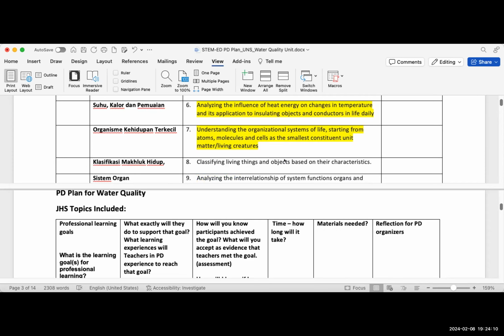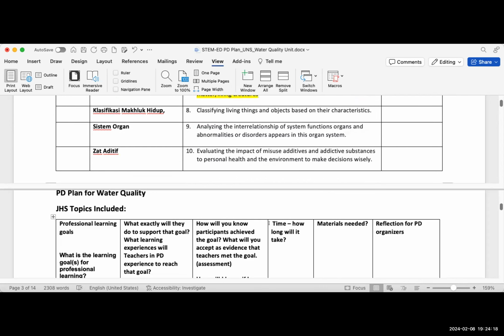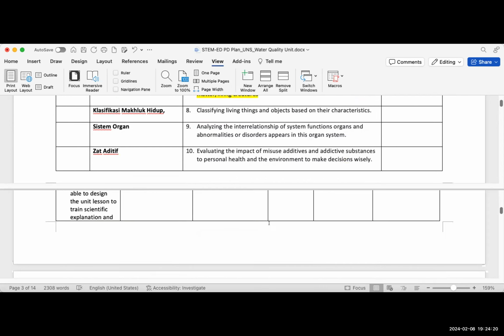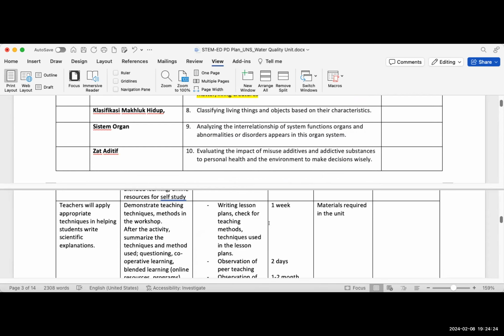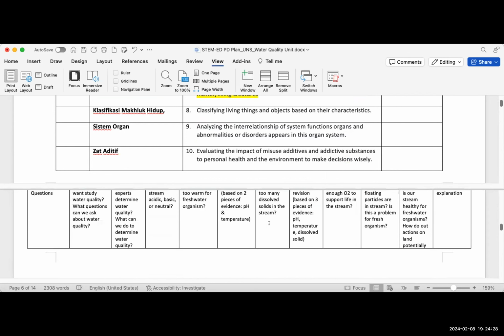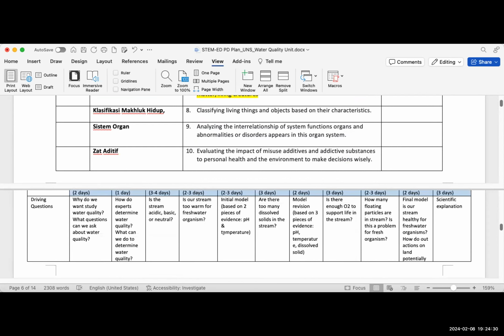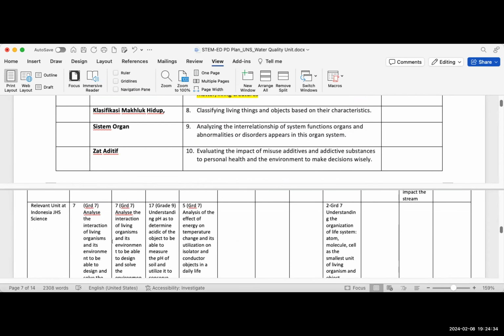So that's the phenomena that we want to introduce, and after that we will follow the lesson plan that Anne has introduced to us. If I go to the plan, it's like this one. This is the original one from Anne, and we just made some adaptations.